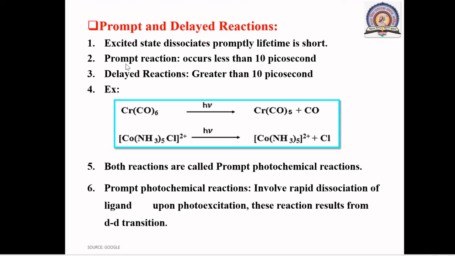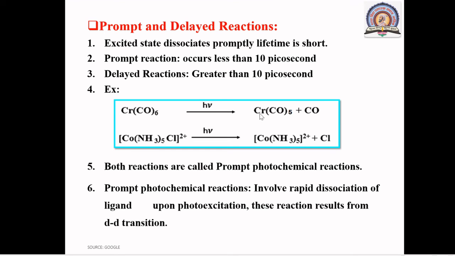Prompt reactions are those reactions which occur in less than 10 picoseconds, while delayed reactions are those which occur in greater than 10 picoseconds. What is a prompt reaction? A reaction that occurs in less than 10 picoseconds, while a delayed reaction occurs in greater than 10 picoseconds.